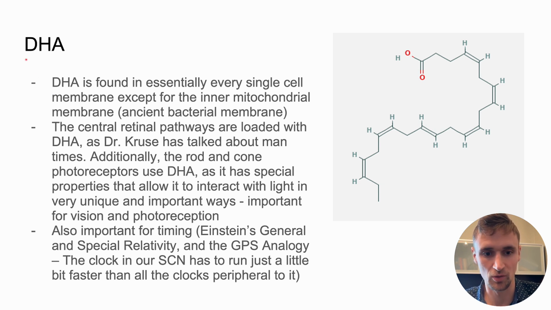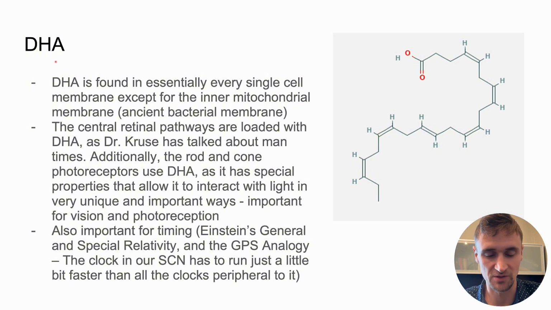And DHA is also much less inflammatory than other molecules. For example, there's a very inflammatory molecule that comes from omega-6 fatty acids called arachidonic acid. However, DHA is much less inflammatory, or basically anti-inflammatory. And so the more DHA that makes up your cell membranes, you basically have less inflammation.